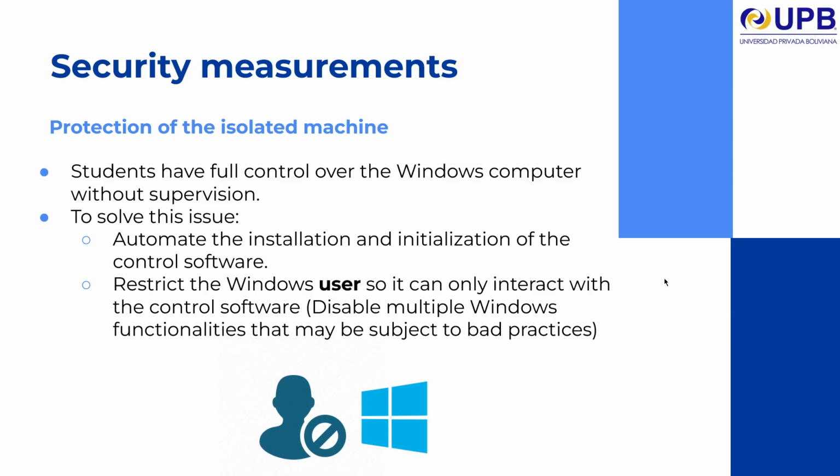Also, we restrict the Windows user so it can only interact with the control software. This means that we restricted the account so it cannot open other applications such as browsers or external applications, and we disabled multiple Windows functionalities like access to settings or the control panel. This way we have a secure machine and the student can only use the computer to interact with the control software of the laboratory.